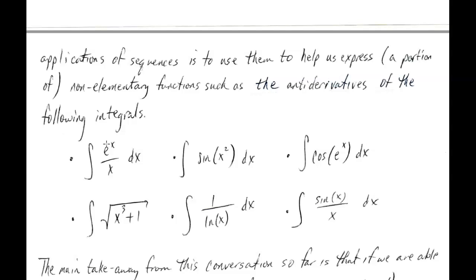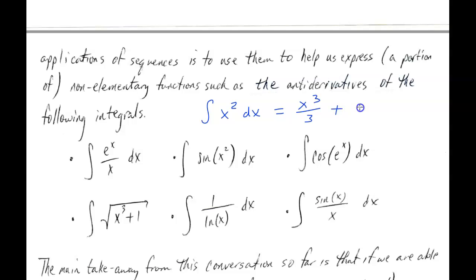And so if we could express these functions that you're seeing here, these integrands, as a polynomial function, then you could easily take the antiderivative of it, because if you're watching this video, you probably already know how to take the antiderivative of a polynomial function. So for example, we know that x squared is a polynomial function. If we took the antiderivative of that, we all know that's just x cubed divided by 3, because we add 1 to the 2 here and then divide by whatever this new exponent is, okay?